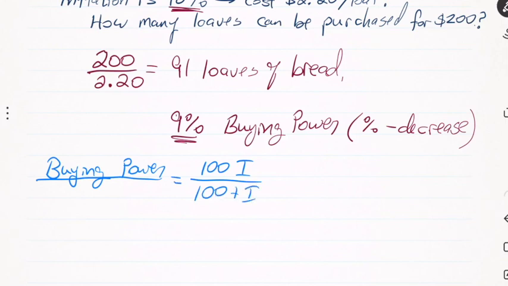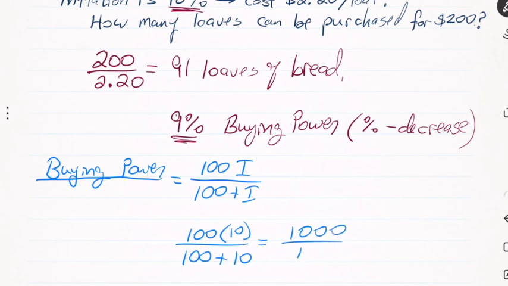So the buying power has this simple formula. So let's see how it works with my inflation rate of 10%. So this becomes 100 times 10 divided by 100 plus 10, better known as 110. So this is 1,000 divided by 110.